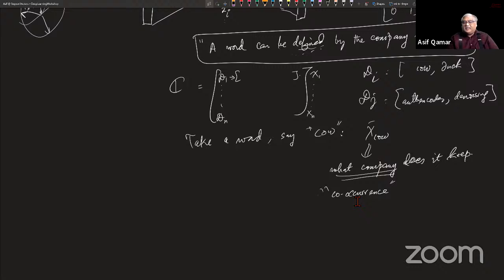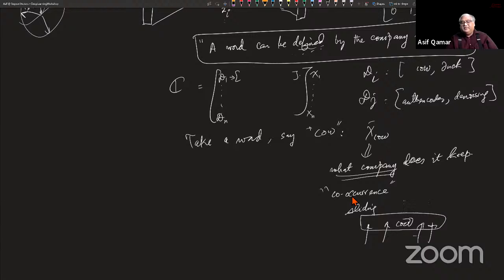Or you may say that no, words, a cow, must exist within a certain window. So look at the word before and the word after. You take a sliding window. Literally, you look at the immediate company of the words, isn't it?